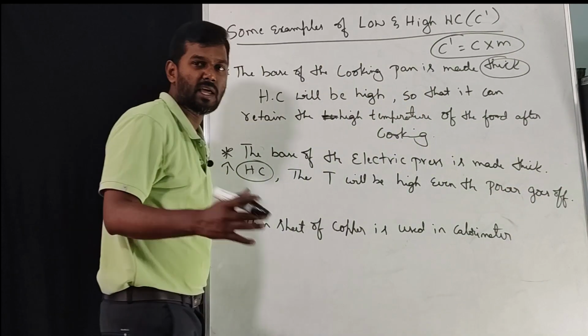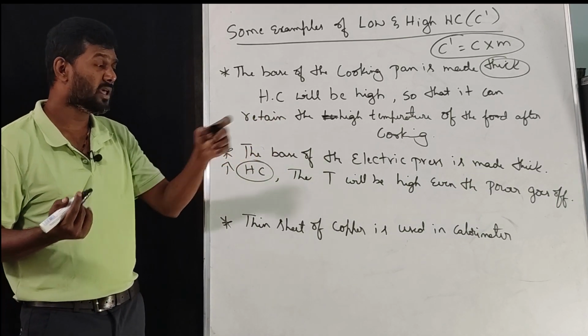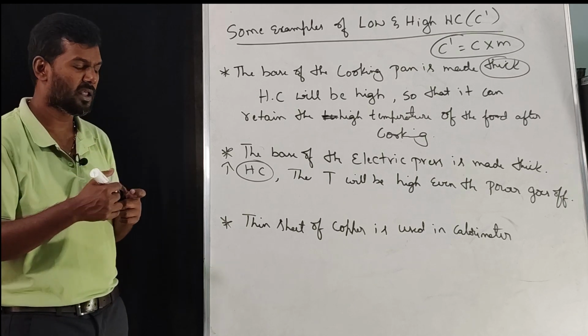If the electricity of the house goes off, the temperature will still be very high. That is why the base of the electric press is made thicker.